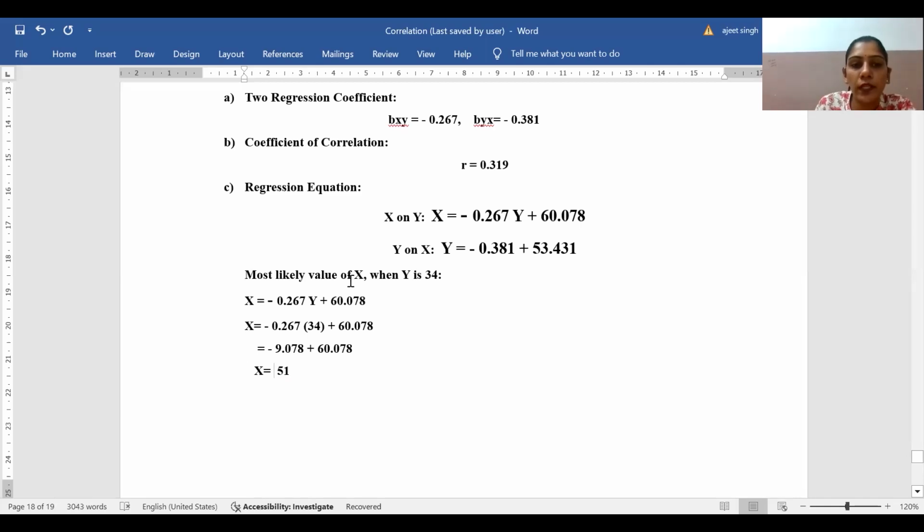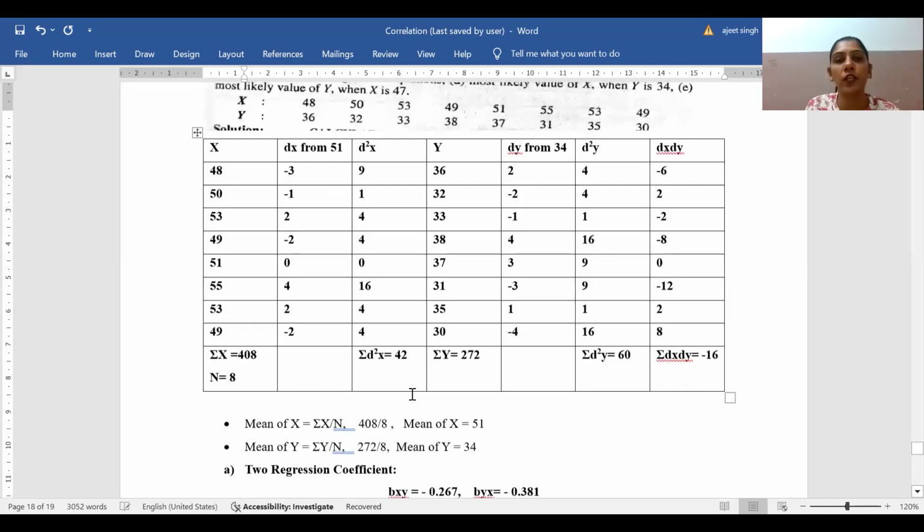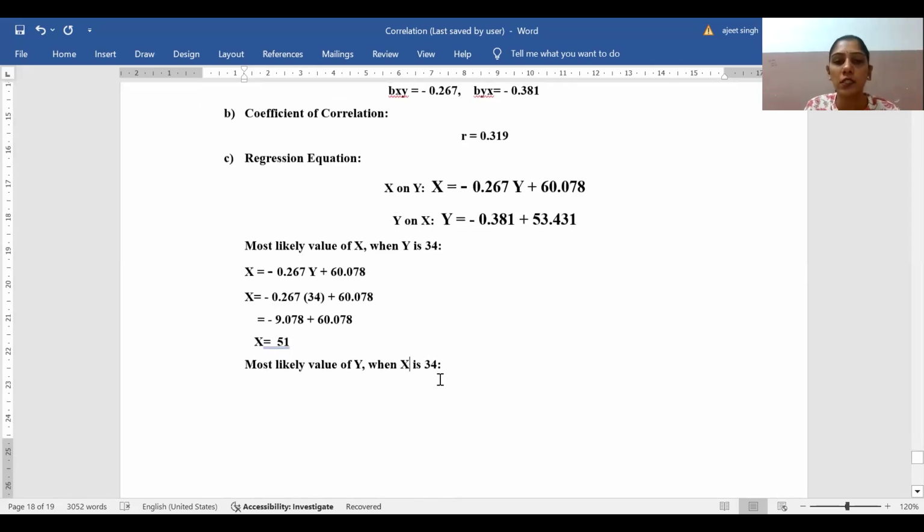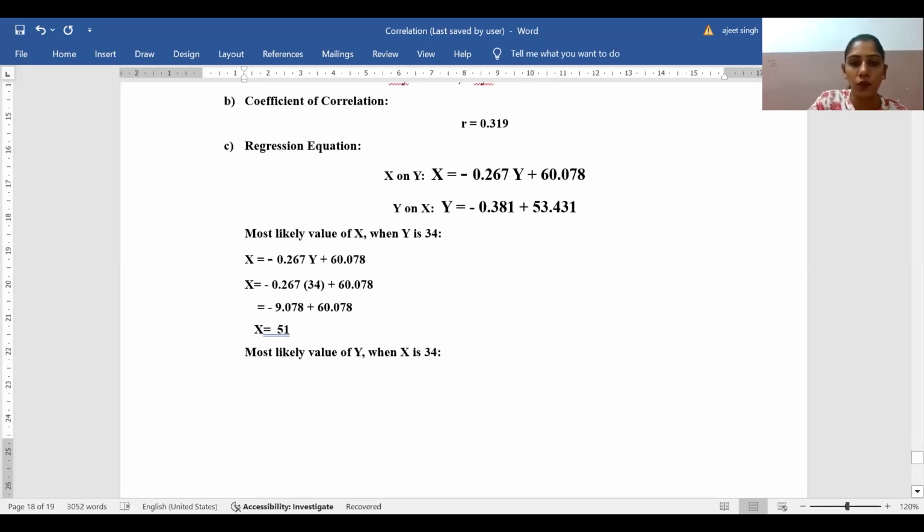Now we will calculate the most likely value of y when x is given, and the x value is 47. Understood?